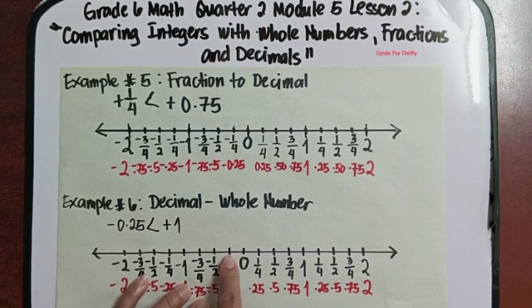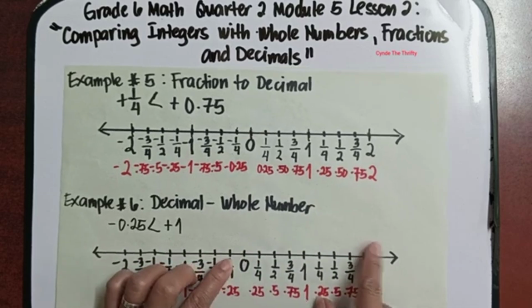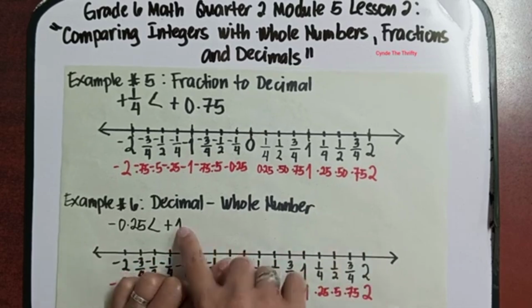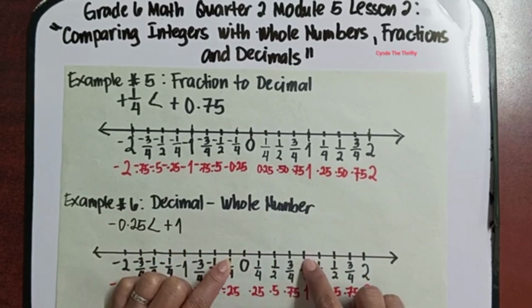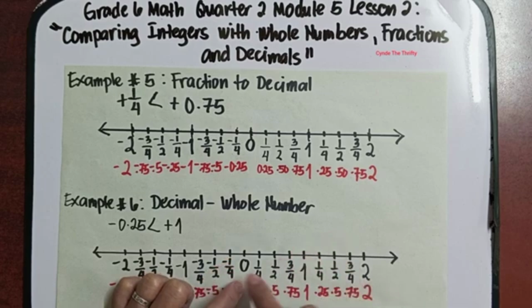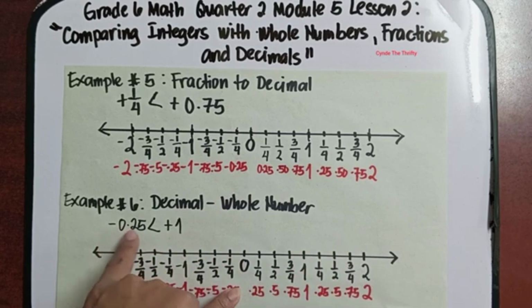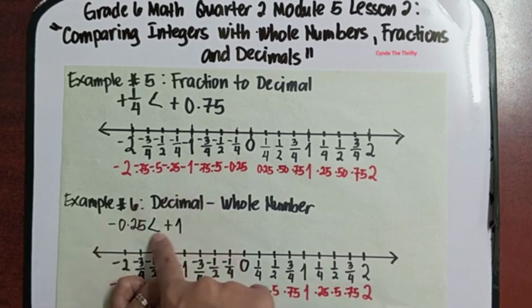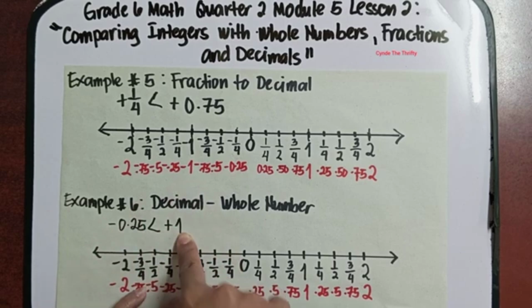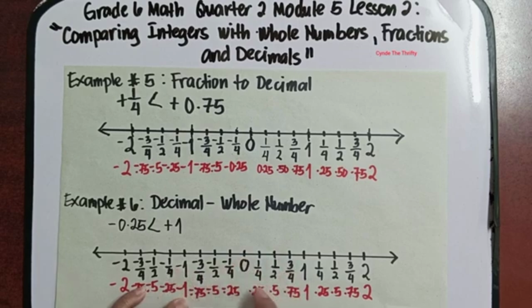Here is negative 0.25, near 0. And then positive 1 is here. So when we compare them, because 0.25 is negative, of course positive 1 has the greater value. Because all negative numbers have a lesser value than positive numbers. So positive 1 is greater than negative 0.25.